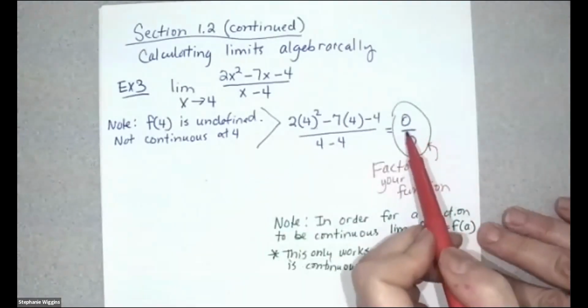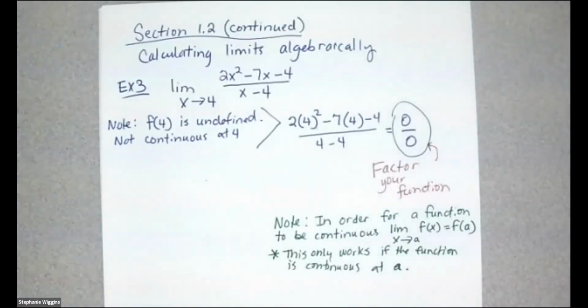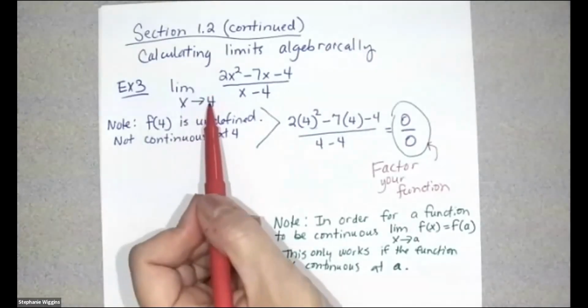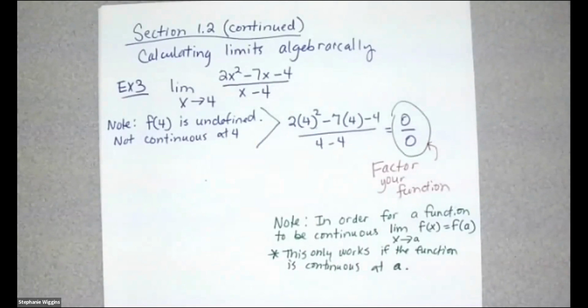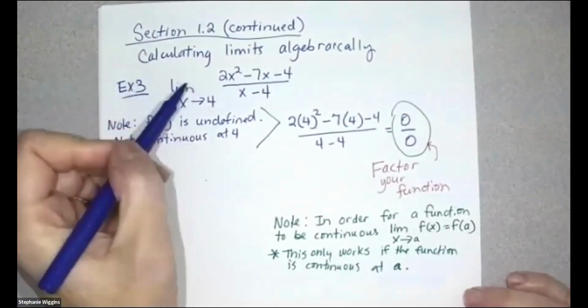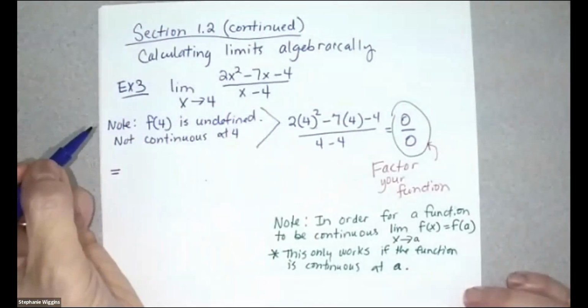So your first step in calculating limits algebraically is always to plug the number in. You take your 4, plug it in. When you see that 0 over 0, that means your next step is to factor. So that's what I'm going to do. So I'm continuing here.